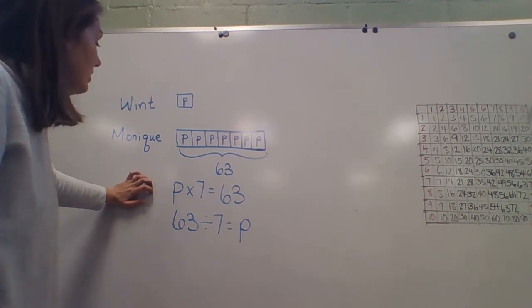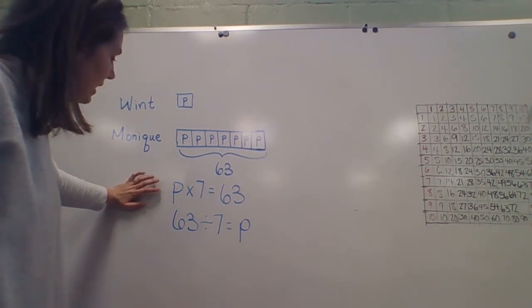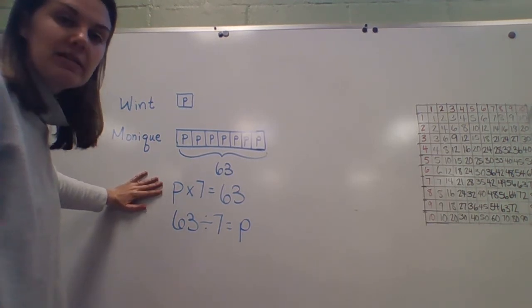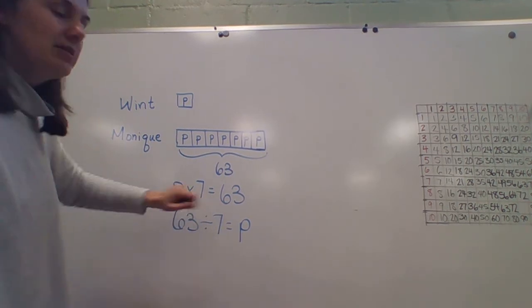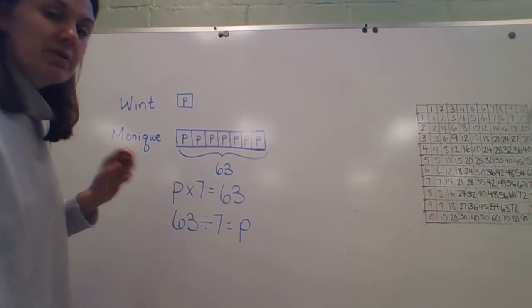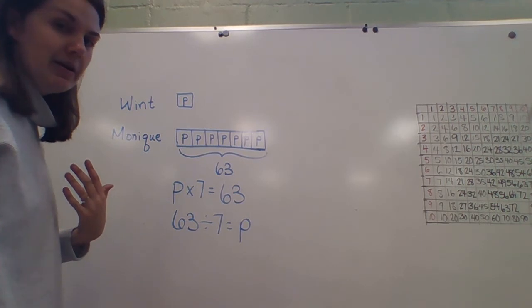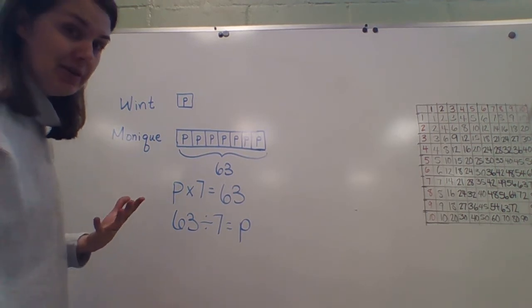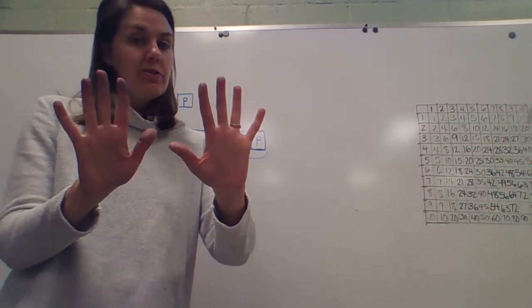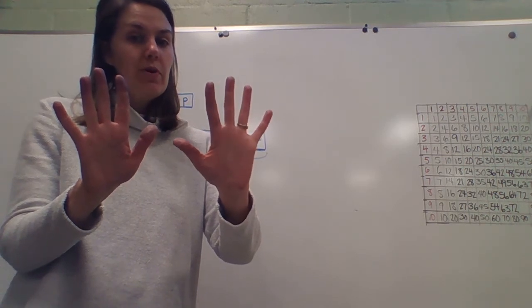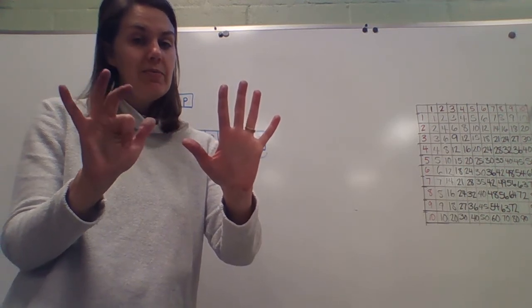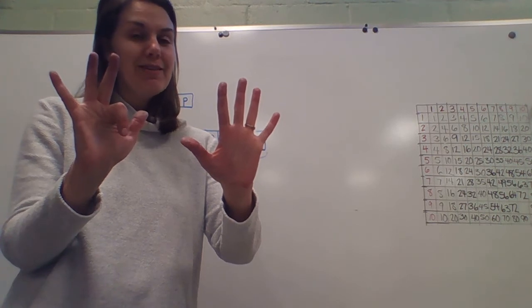I know that 10 times 7 is going to get me 70. Now that's not 63, but it's pretty close. So I'm going to take one of those 7s away, and now I have 9 times 7. I'm also going to use my nice little 9s trick. 1, 2, 3, 4, 5, 6, 7. Put down my seventh finger.